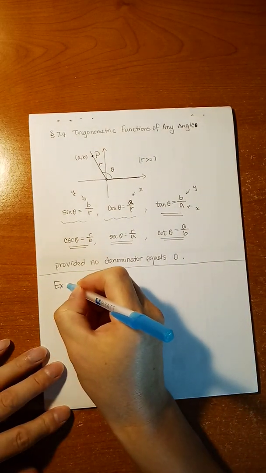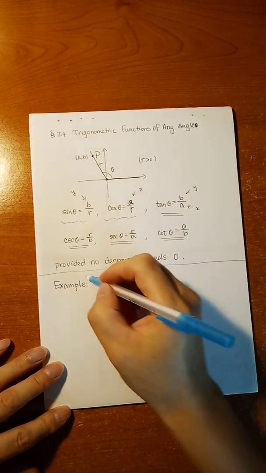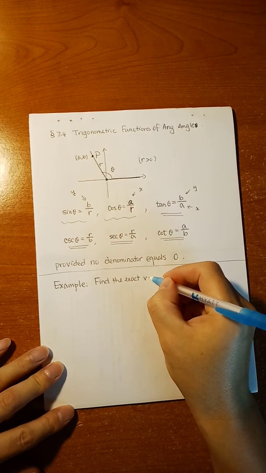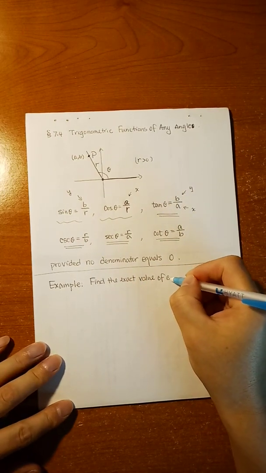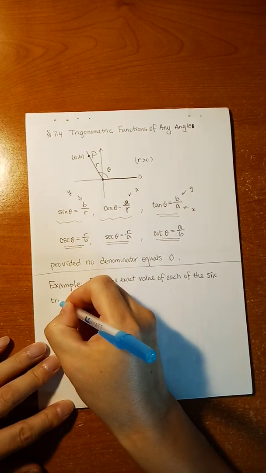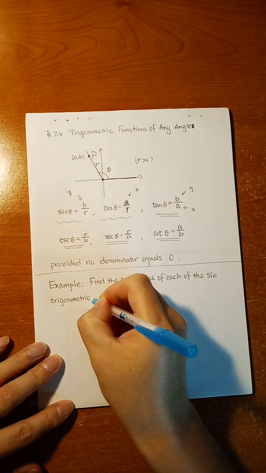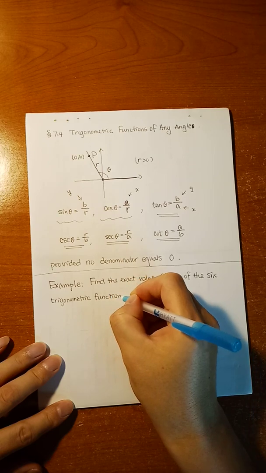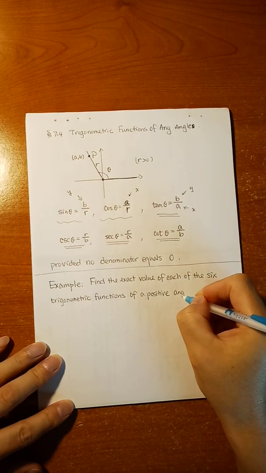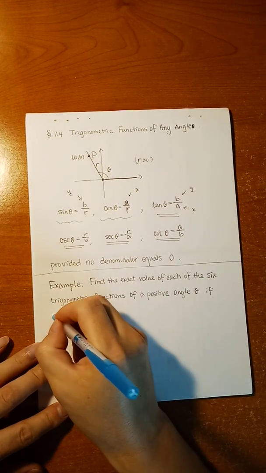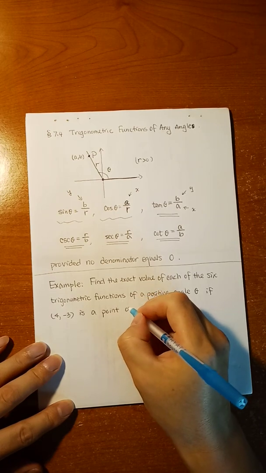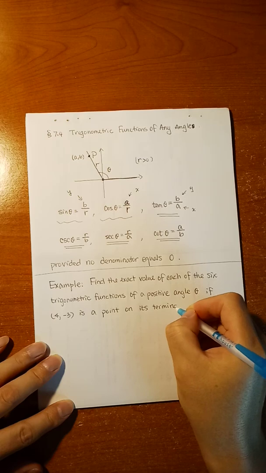Okay, let's see the example. Find the exact value of each of the 6 trigonometric functions of a positive angle theta if (4, -3) is a point on its terminal side.